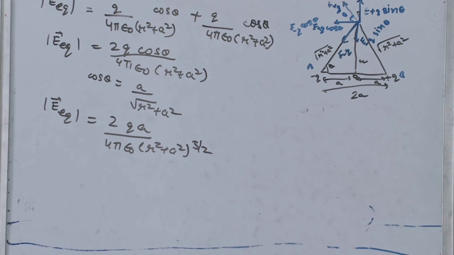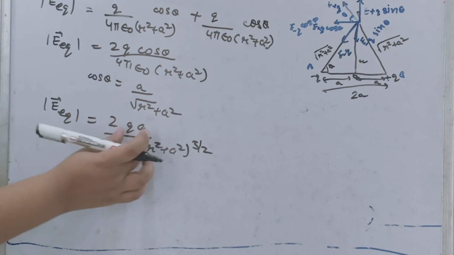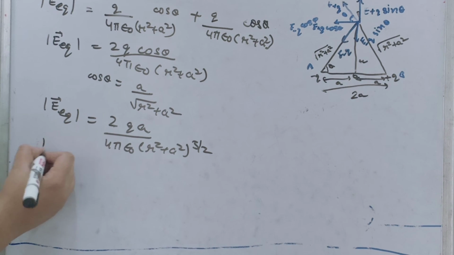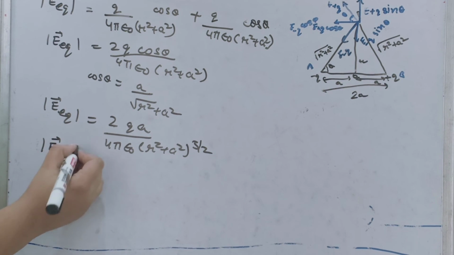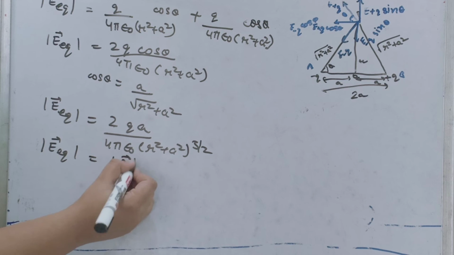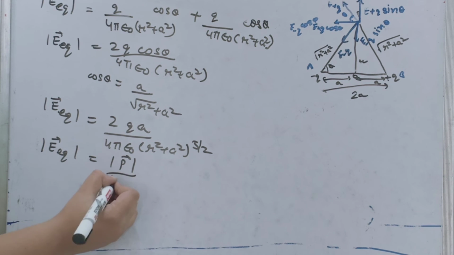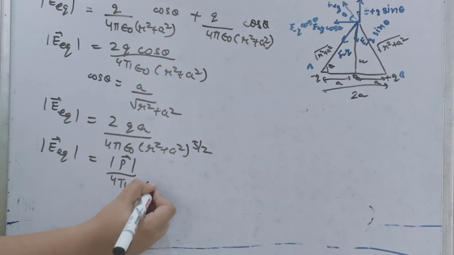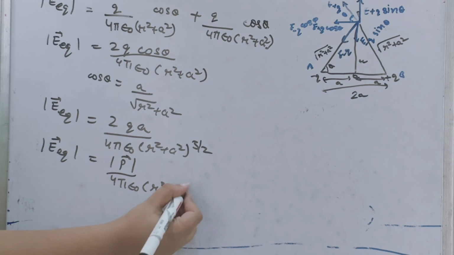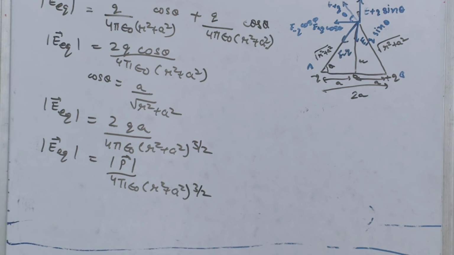Fine. Now what is the value of q into 2a? That is the p. So this is magnitude of the dipole moment upon 4 pi epsilon naught (r square plus a square) raised to power 3 by 2.